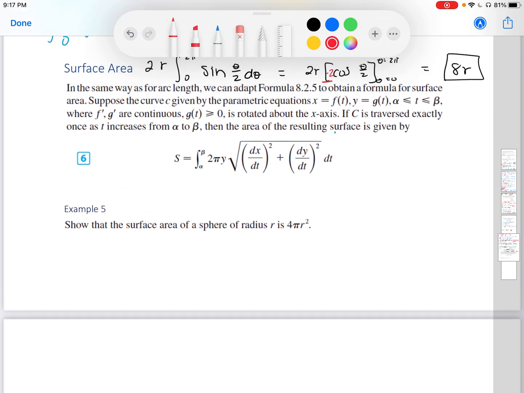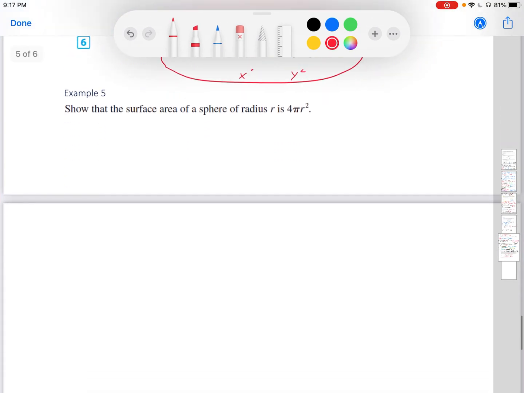Next, we have surface area. And again, we have a formula here. Our derivative for x, our derivative for y squared, times 2 pi and our y equation. Example 5, show the surface area of a sphere of radius r is 4 pi r squared.